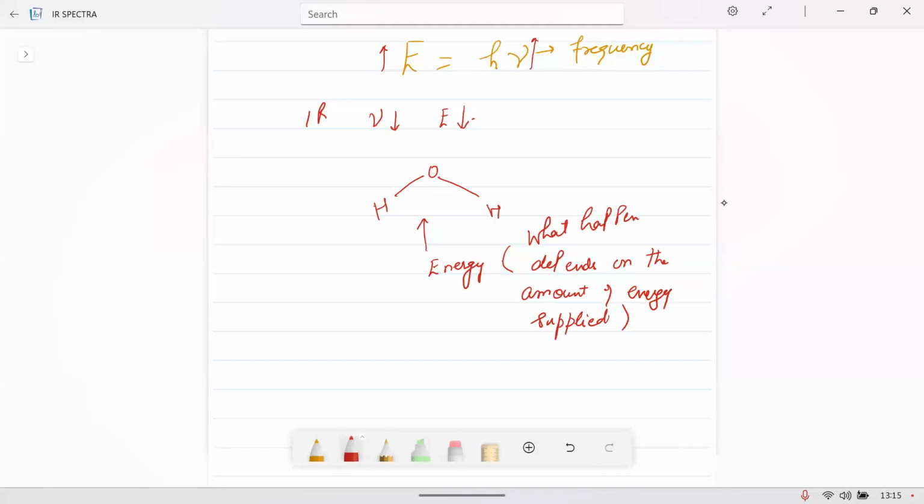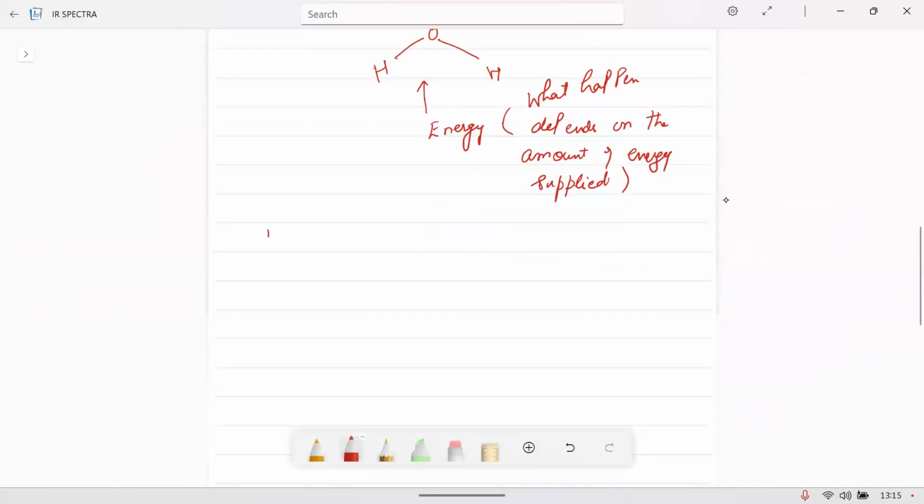Like, for example, we have talked about this before also. If you have solid H2O and you provide enough heat, enough energy, it may change its state. If you continue supplying more energy equal to the enthalpy of vaporization, because liquid is changing into a gas, it will change the state. If you still continue providing more energy, the bonds may break.